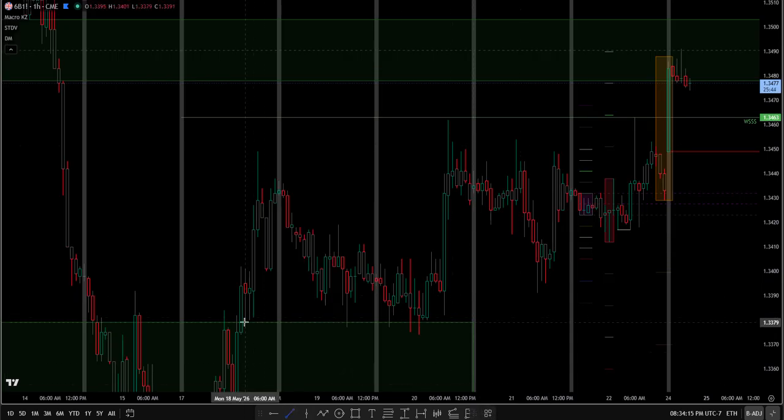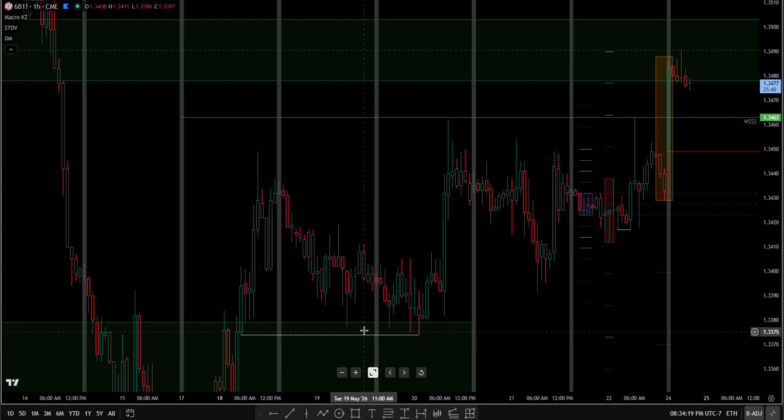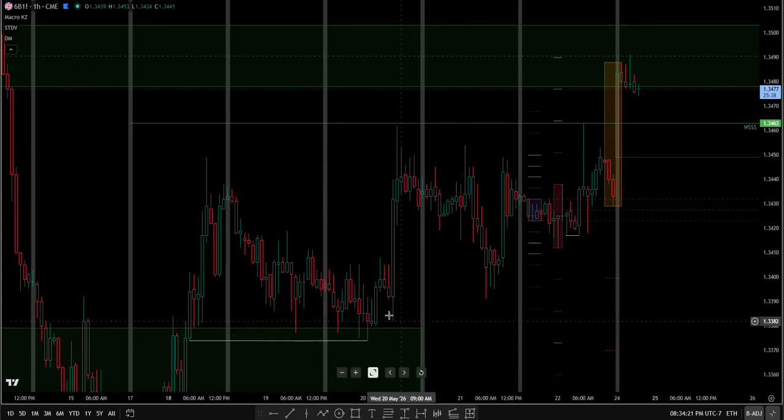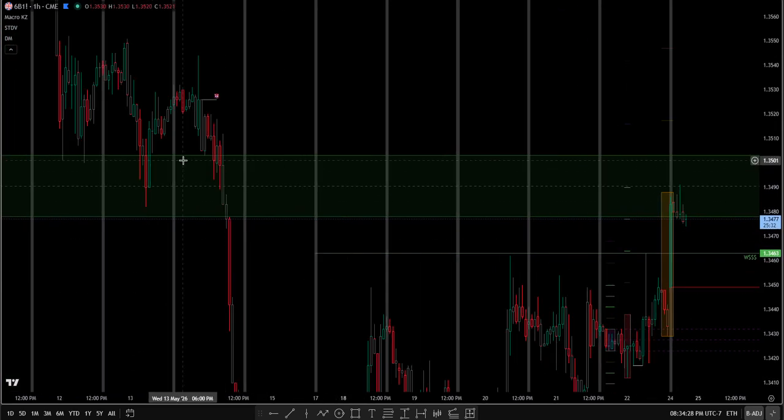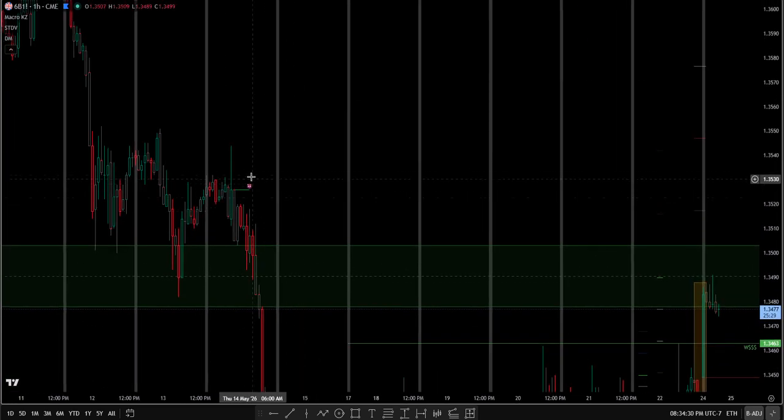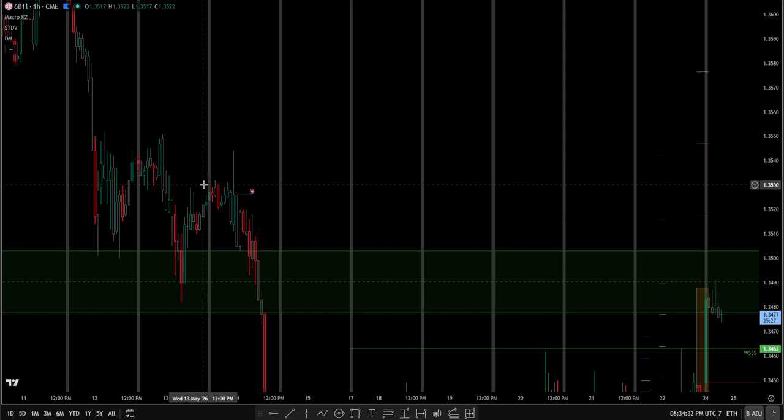So yeah, I'm gonna mark this level off right here. This is liquidity we should be looking for. Equal lows. Up here though, oh, there's these equal highs, but we already ran them.